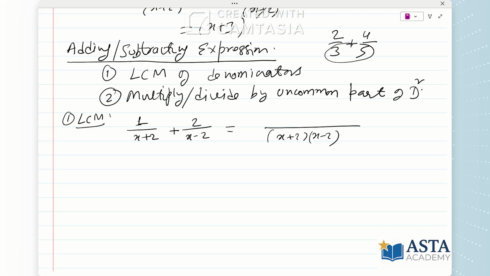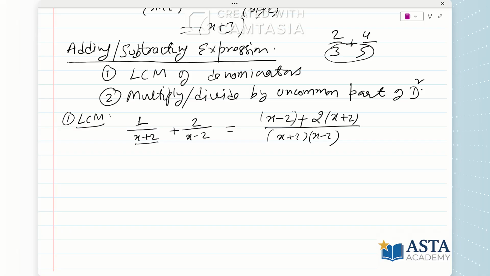Then you have to solve for the numerator, the LCM divided by this denominator here. You will have x minus 2 coming from here. Then there is a plus in between the two expressions, so the plus will go as it is, and then x minus 2 gets cancelled, so you will have 2 times x plus 2.